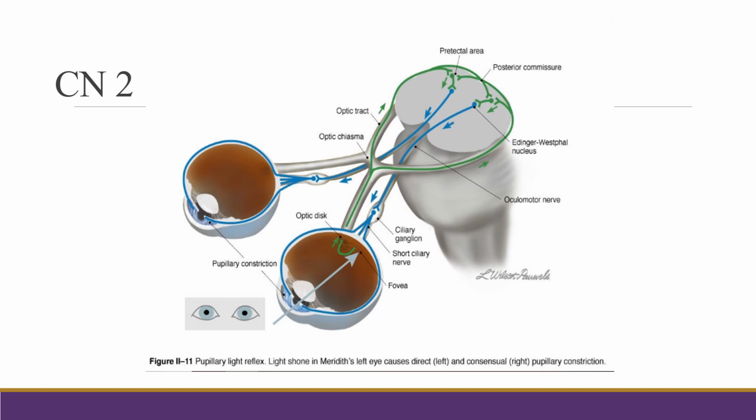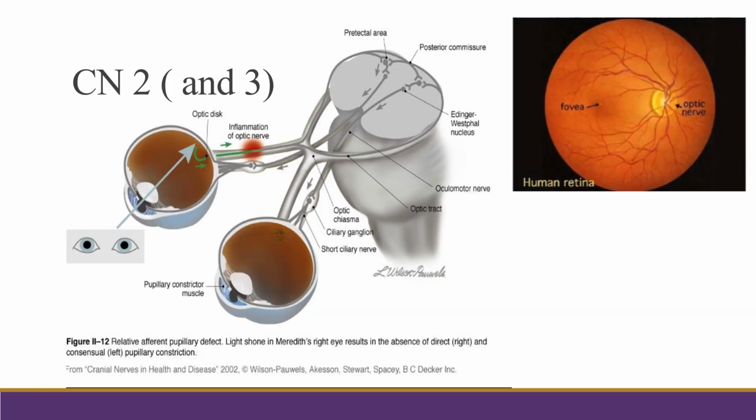Note that pretectal area, tectum being that superior colliculus, is what it's going to be referring to, so that visual reflex. Cranial nerve 2 and 3, so you can see these pathways again. So interestingly, they put inflammation of the optic nerve.